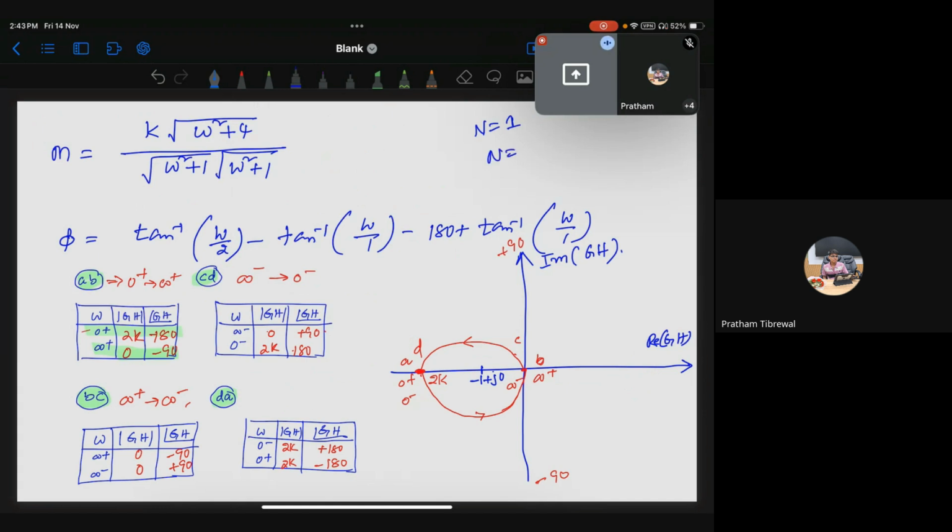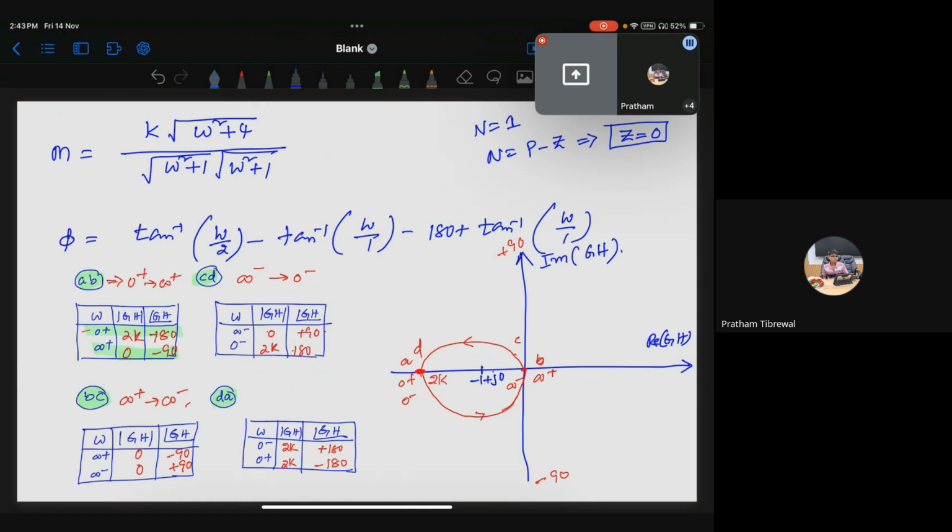So N is equal to P minus Z. So what is Z now? 0. Am I correct? P is 1, N is 1, Z is 0. Is this clear? The closed loop system is stable. Okay. Any doubt in this?